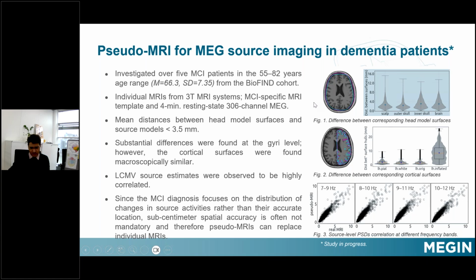Further, the result shows that the pseudo-MRI can also be used for MCI cases. Of course, in AD, where you have large differences in the MRI structure, there might be a problem, but at least at the MCI level, we are sure that it can be used.